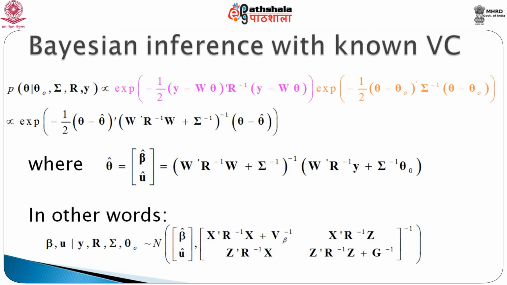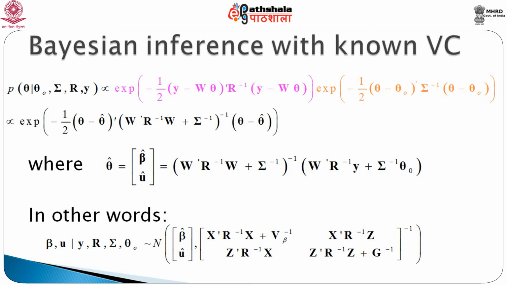That comes out to be of the form given here, proportional to the exponent of minus theta minus theta hat dash, W dash R inverse W plus sigma inverse, times theta minus theta hat. So theta hat can be computed to be this. A lot of derivations here; one has to sit with that in a whole mind and can derive that thing.